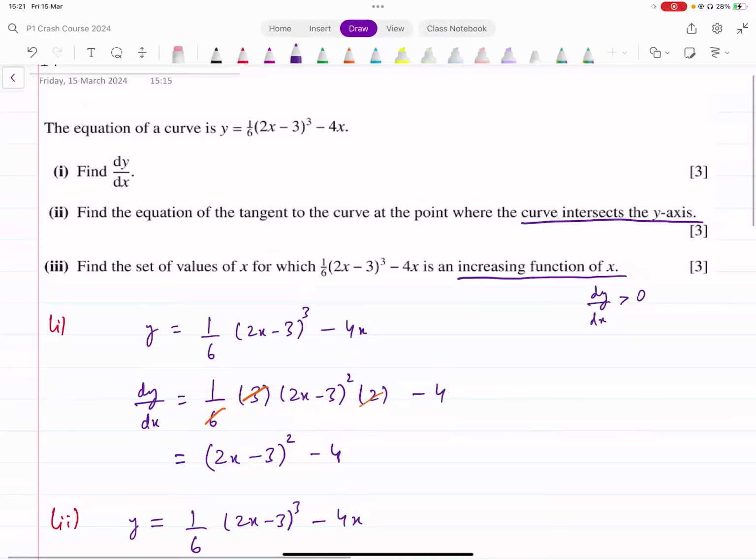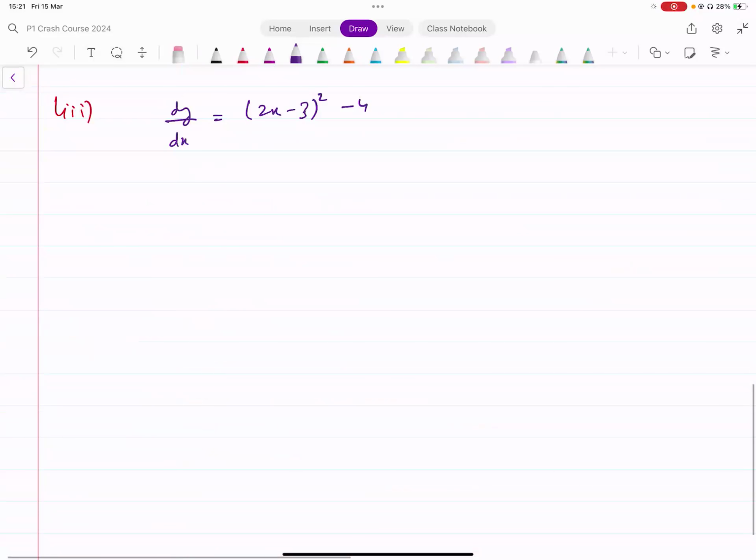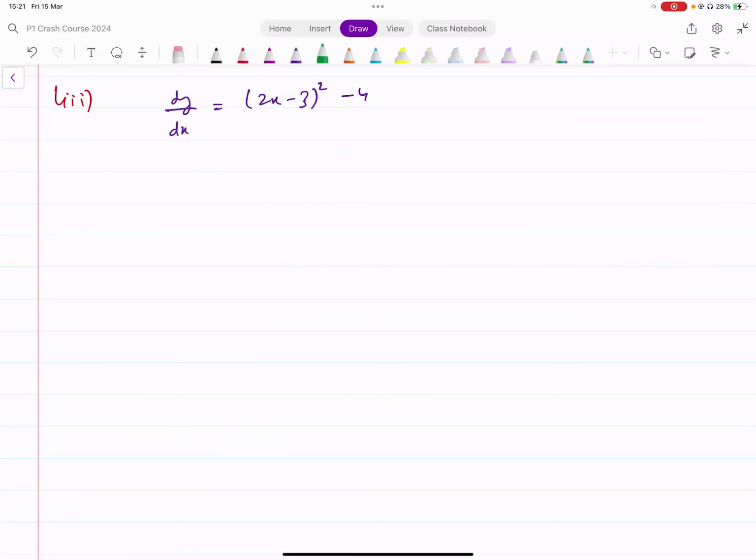All you have to do now is say dy over dx should be greater than 0. Why? Because it's an increasing function. They have given that the function is increasing. So we put dy over dx greater than 0. Make sense?